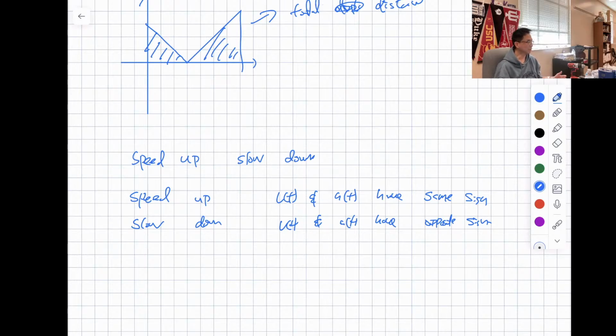Imagine me, I'm all excited to come to school today. So let's assume if I'm coming to school, it's positive, because direction and acceleration have direction. Or you can say going home is positive, because I'm happy to go home.